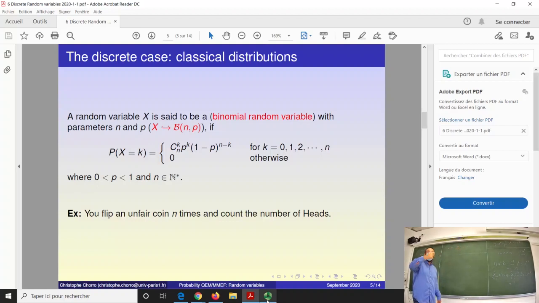Just mean that I flip my coin 3 times, okay? And I am interested, for example, in X, the number of heads I obtain. What is the probability that X, let's say, is equal to 0?